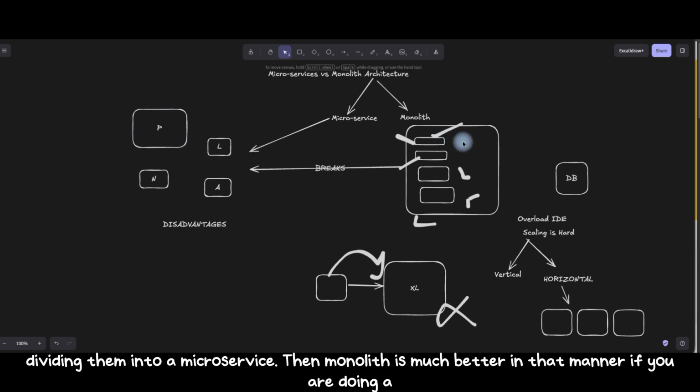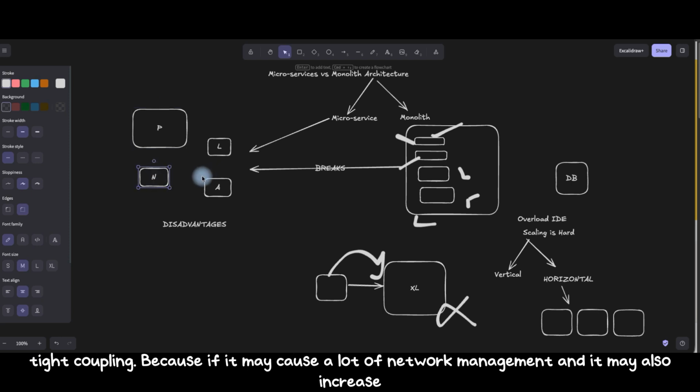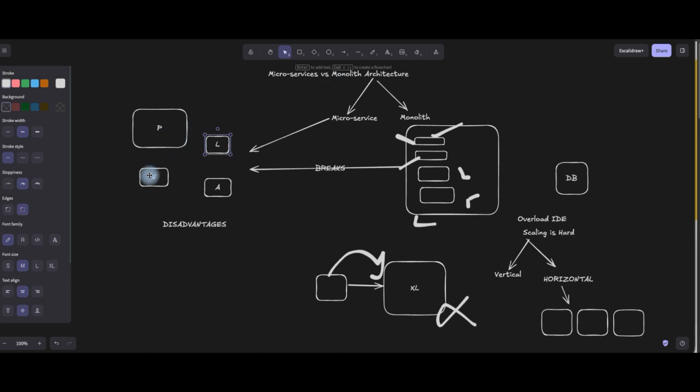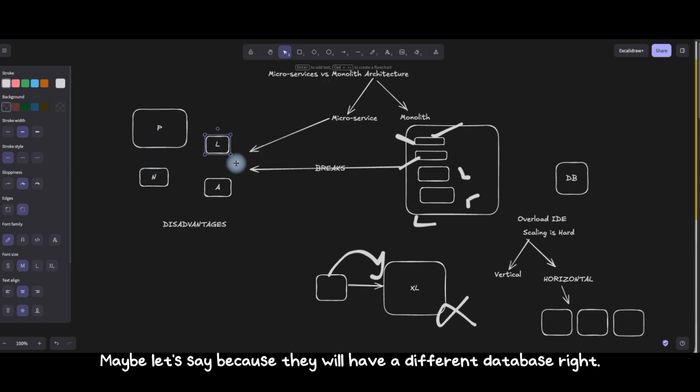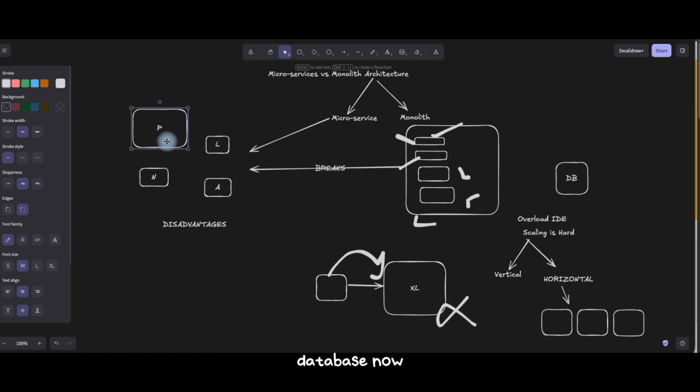Then a monolith is much better if you are doing tight coupling, because it may cause a lot of network management and it may also increase latency, because it will waste a lot of time requesting or waiting for responses from each other. Let's say they will have different databases, right? These microservices will have different databases in most scenarios, and let's say this microservice needs some information from this service's database.